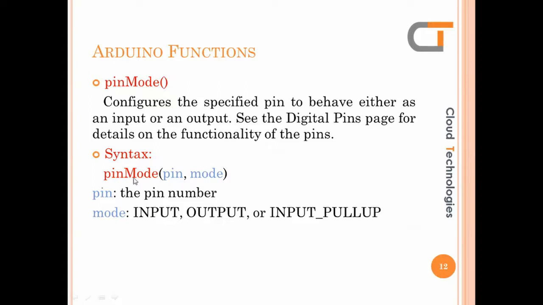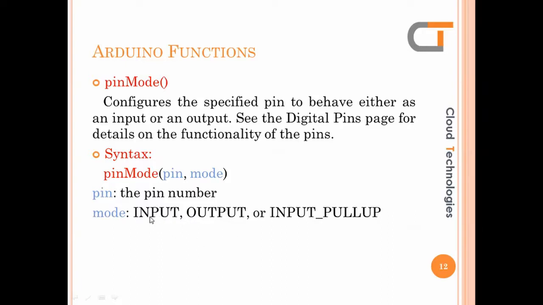So the syntax will be like this: pinMode. The M should be capital over here. The two arguments will be taken. The first one is the pin number, which is nothing but 0 to 13. These are digital pin numbers, used only for digital pins. The mode takes only three values, which are macros: INPUT, OUTPUT, INPUT_PULLUP.